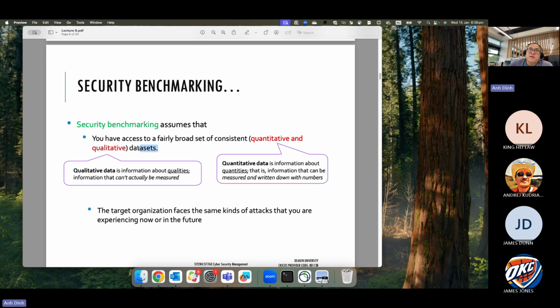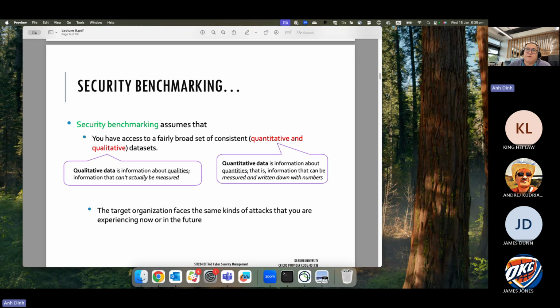The reason, which we discussed yesterday, is that companies are very reluctant to share data sets containing security information, because security incidents involve information about the internal structure of the company, right? Like what server is running, what firewall is running, what intrusion detection is running, what malware has been caught, for example.